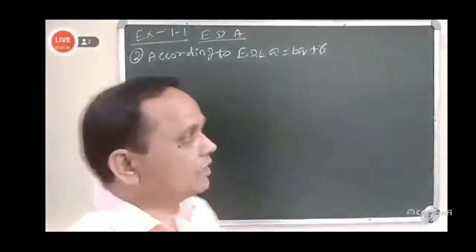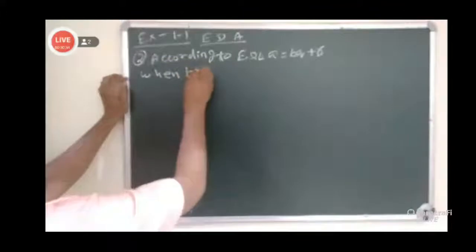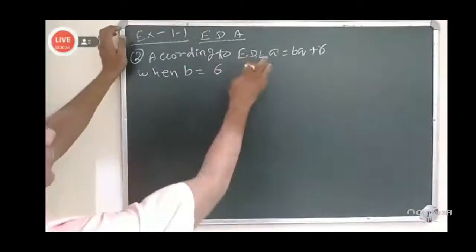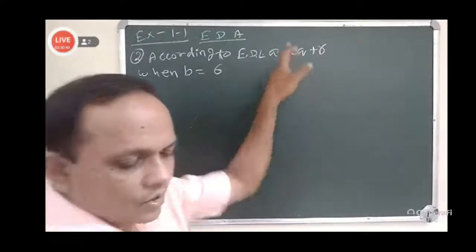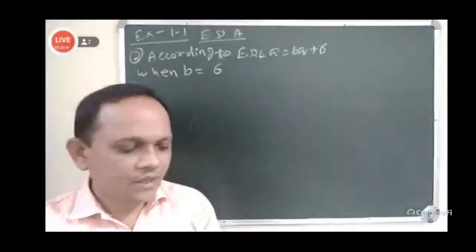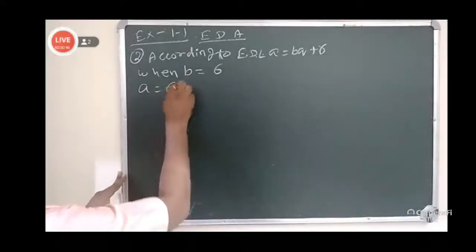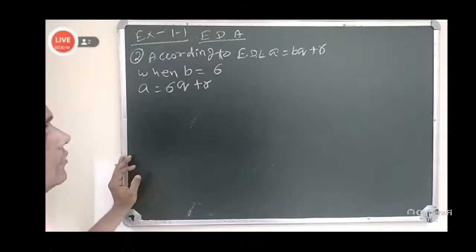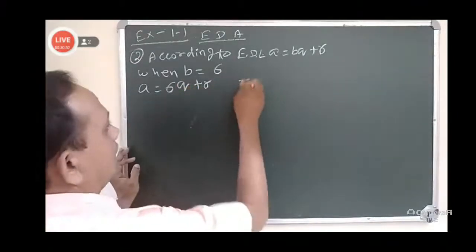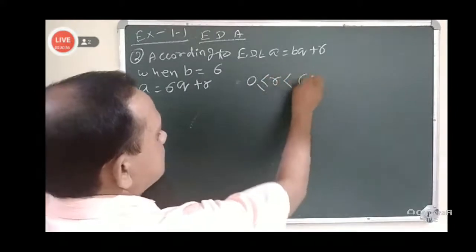When b equals 6, a equals 6q plus r, where 0 is less than or equal to r, and r is less than 6.